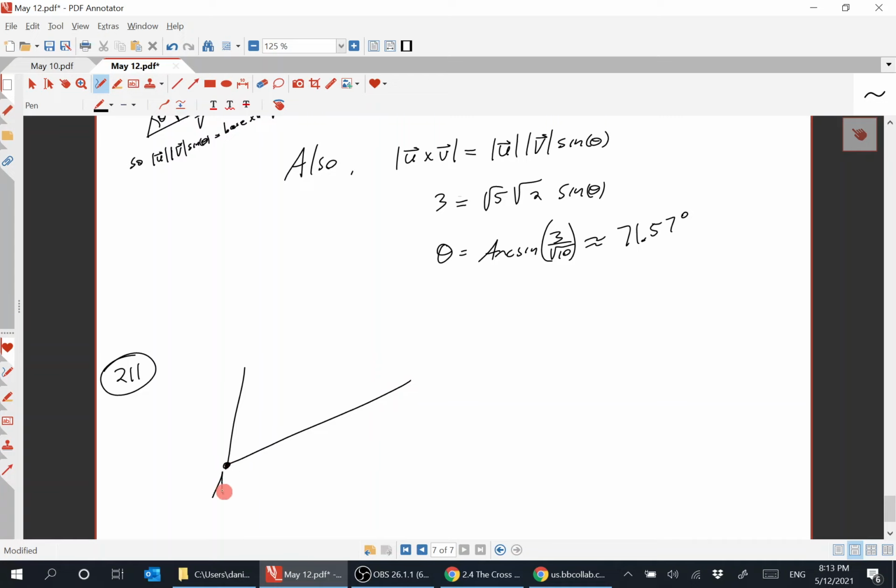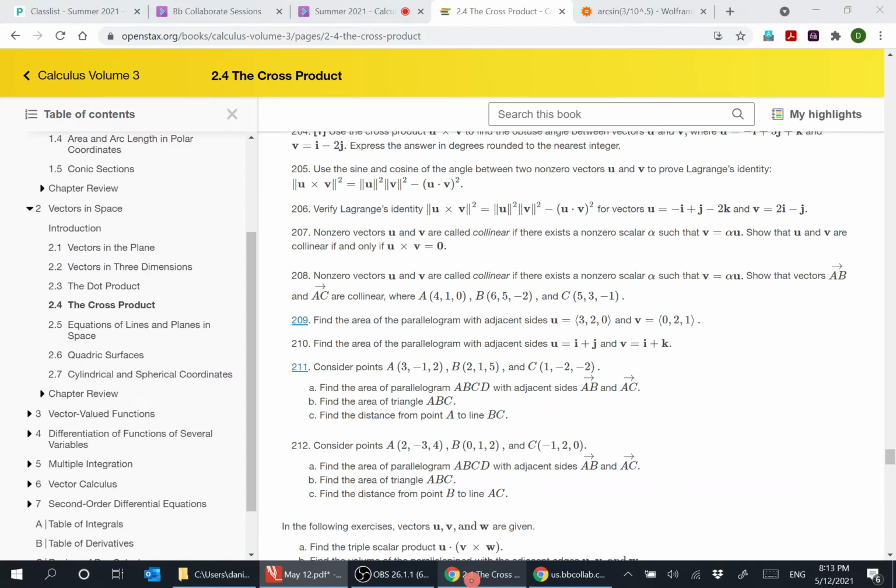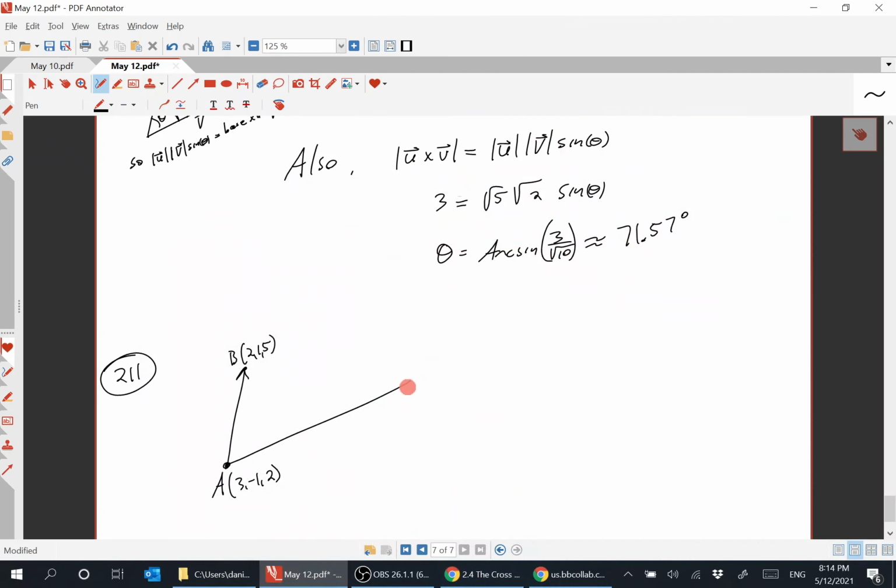So this is going to be point A, which is (3, -1, 2). And this will be point B, which is (2, 1, 5). And C is (1, -2, -2).